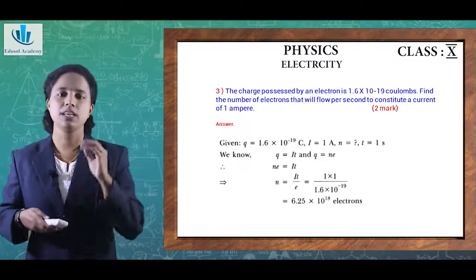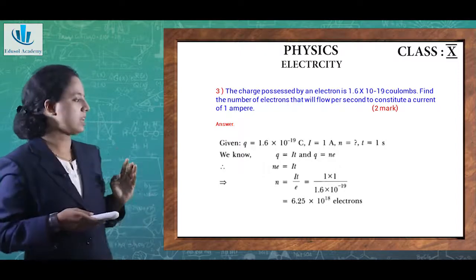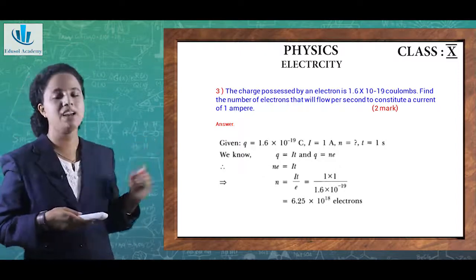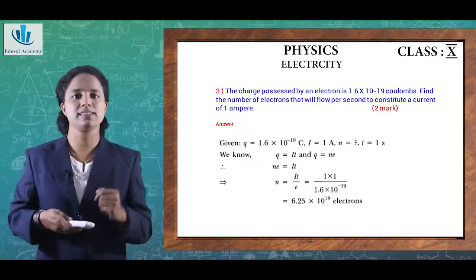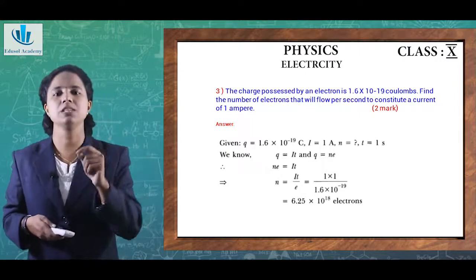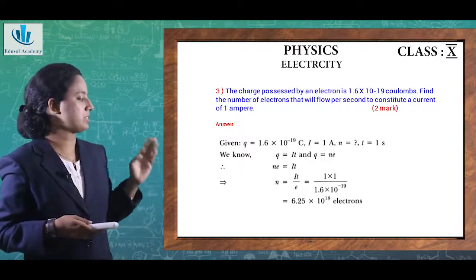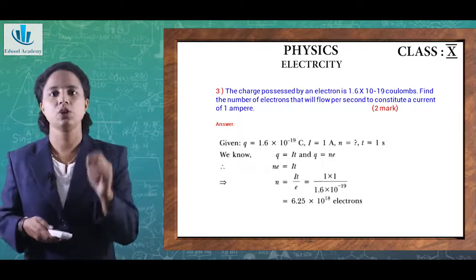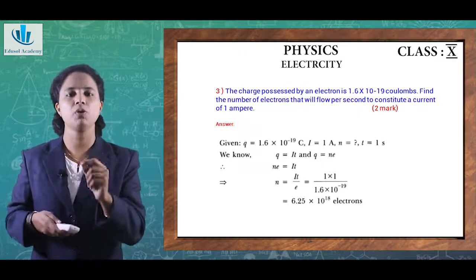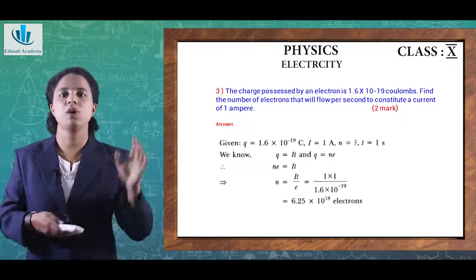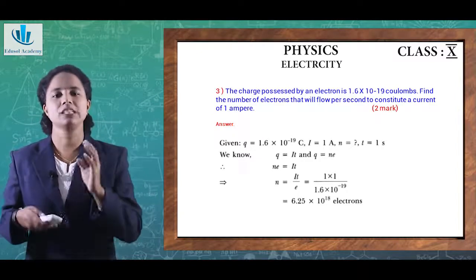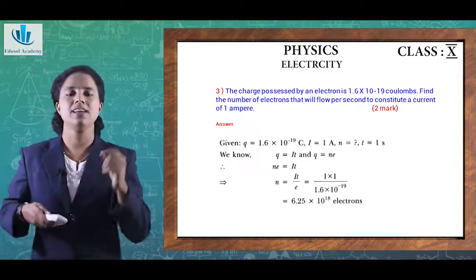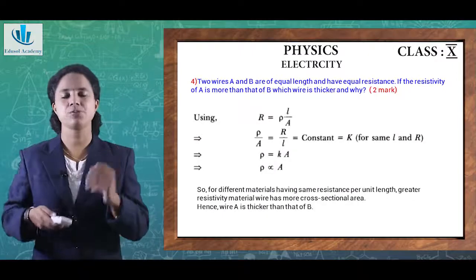Substituting in the equation, you will get N equals 1 into 1 by 1.6 into 10 raised to minus 19. That would give you 6.25 into 10 raised to 18 electrons. So the number of electrons that will flow per second to constitute 1 ampere current will be 6.25 into 10 raised to 18 electrons. Moving on to the next question.